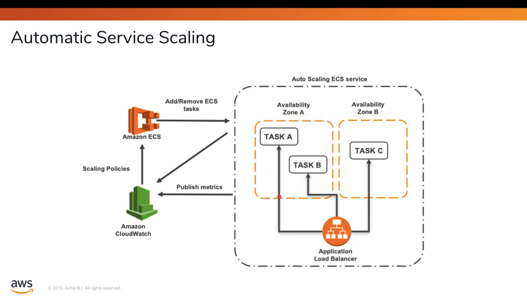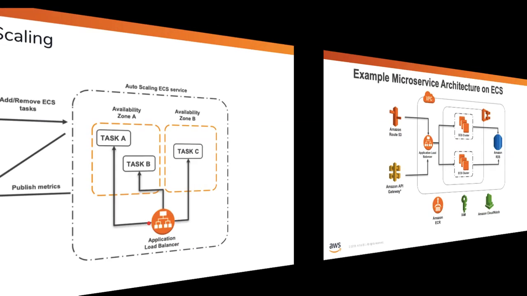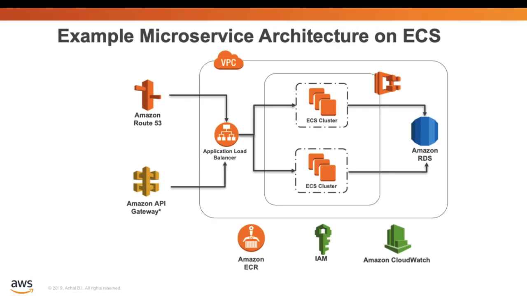So here in this ECS service, there would be container agents which would monitor all of these metrics or the resource utilization and so on. So it would be pushing all that information into CloudWatch. Here is another example of microservice architecture on ECS, at a very high level.